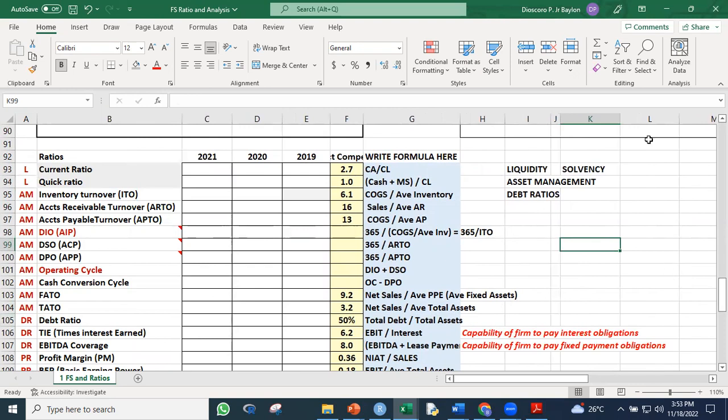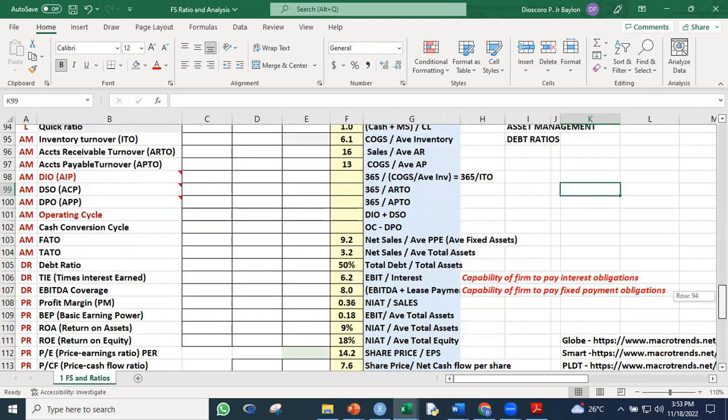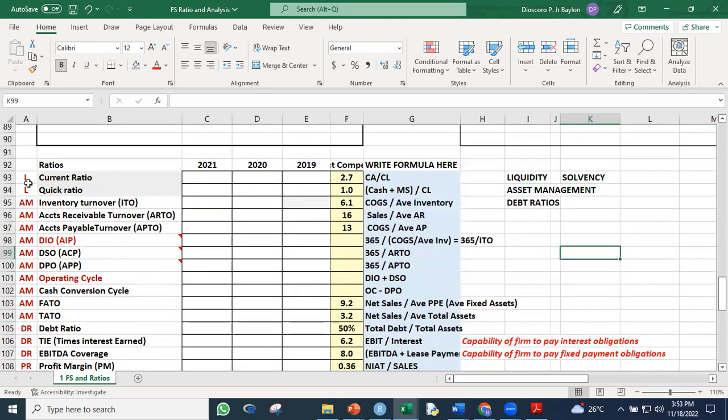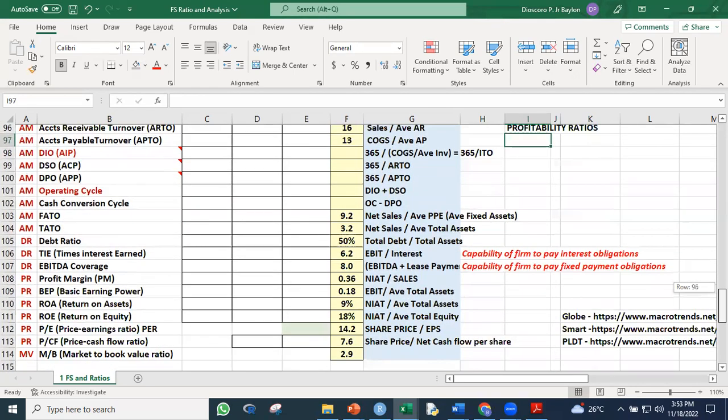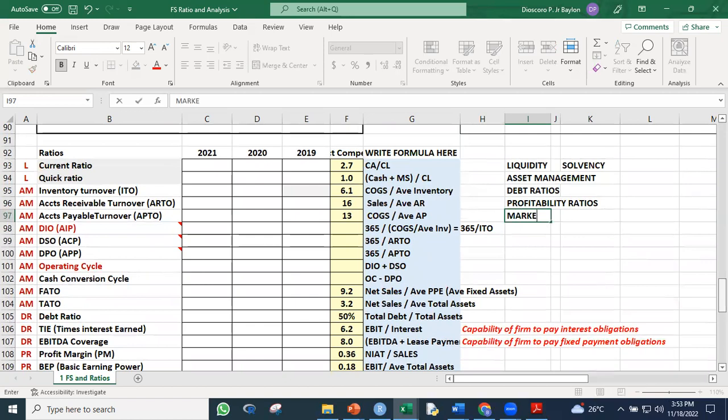Okay, so dito, class, 5 yung different types of ratios natin. You have your liquidity, asset management, debt ratio, profitability ratios, and market value ratios, yung dulo, MV. Okay, so 5 siya, no?